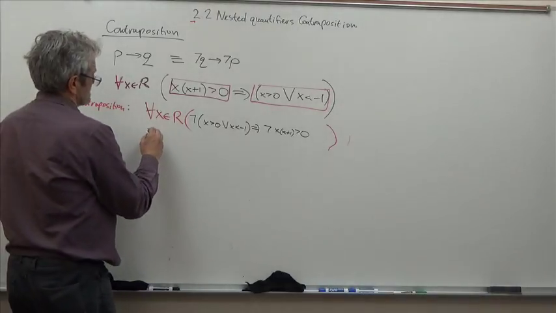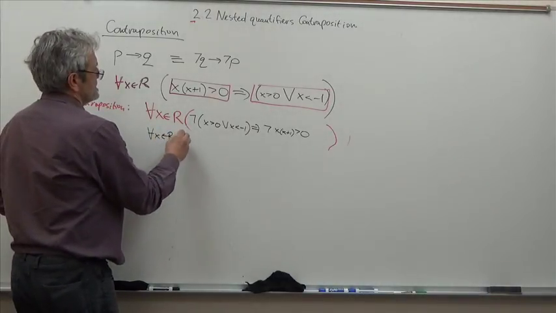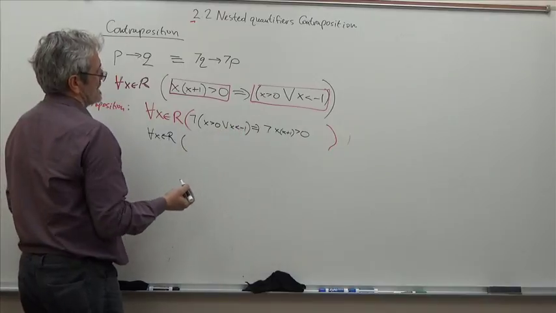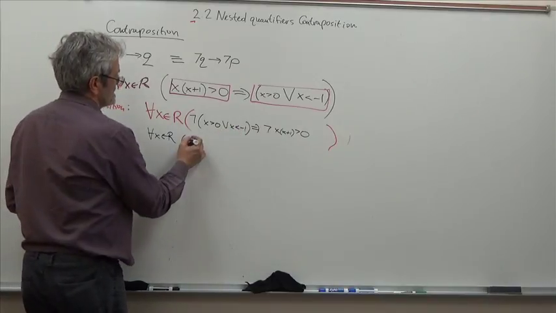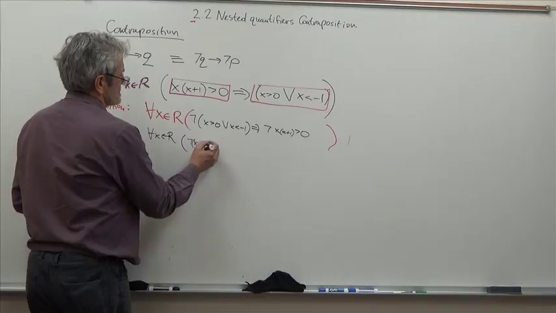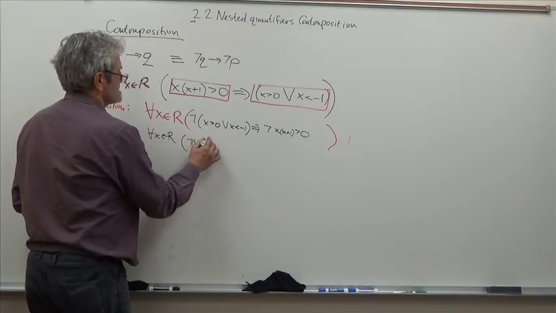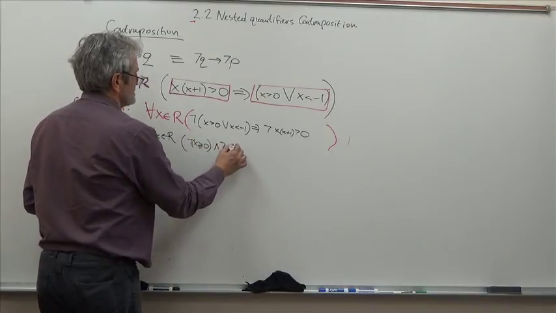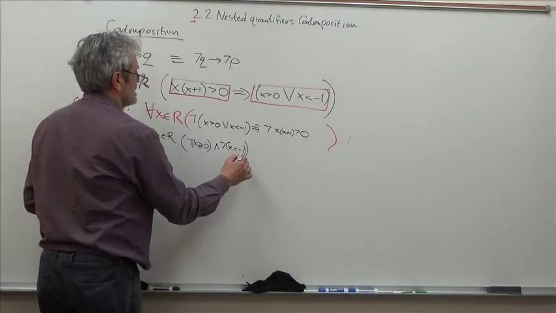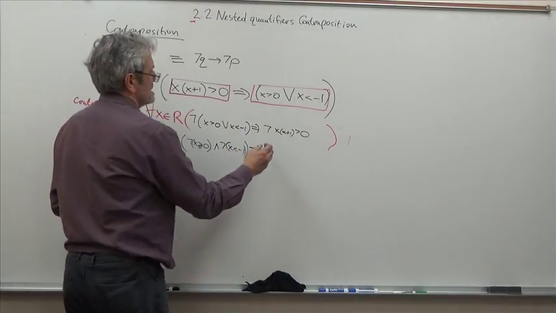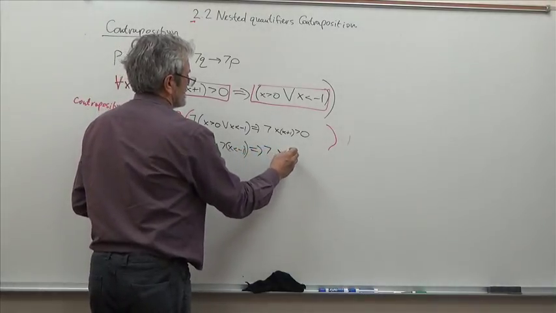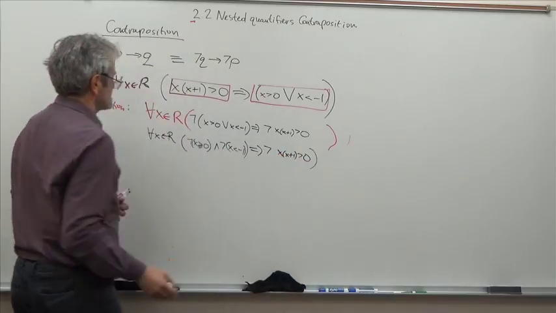So we get all together now, by De Morgan, the negation of a disjunction, negation goes to each of them individually: negation of x greater than 0, and the negation of x less than negative 1, implies negation of x times (x plus 1) greater than 0.